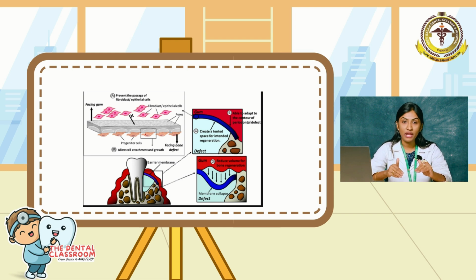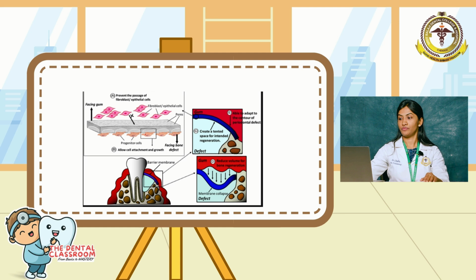Also, the compact layer is going to preserve the blood clot and maintain the space maintenance property. Here is where we are going to have the progenitor cells. These progenitor cells do the role of regeneration by differentiating into fibroblasts, osteoblasts and cementoblasts, into the needed tissue.